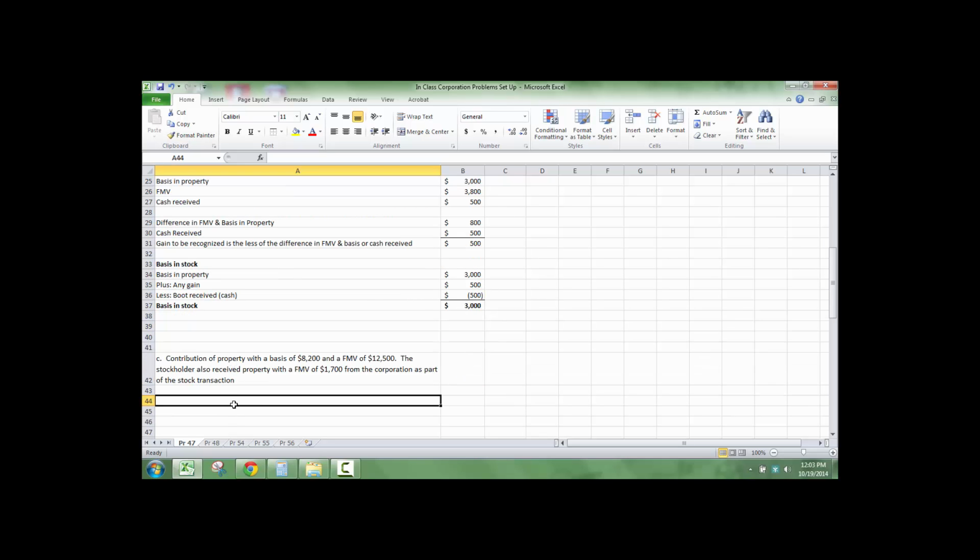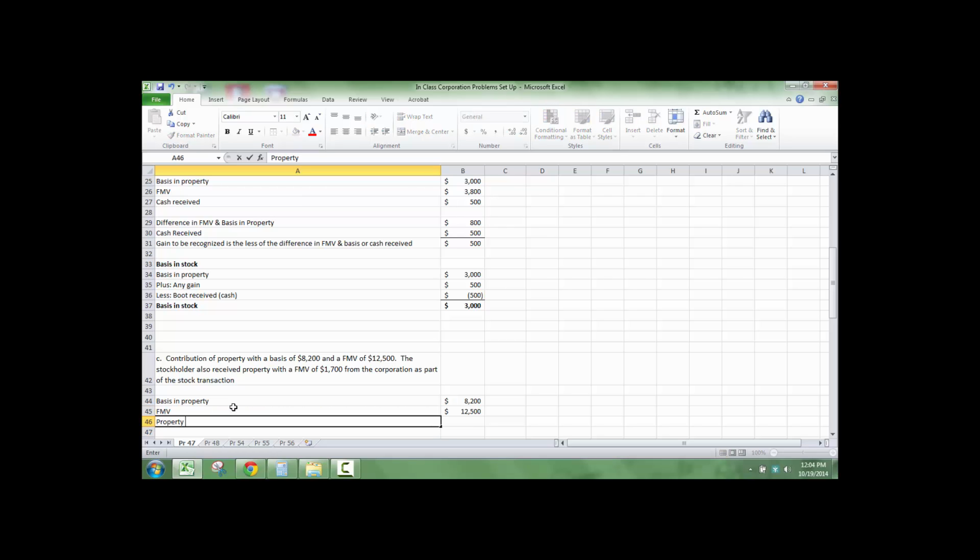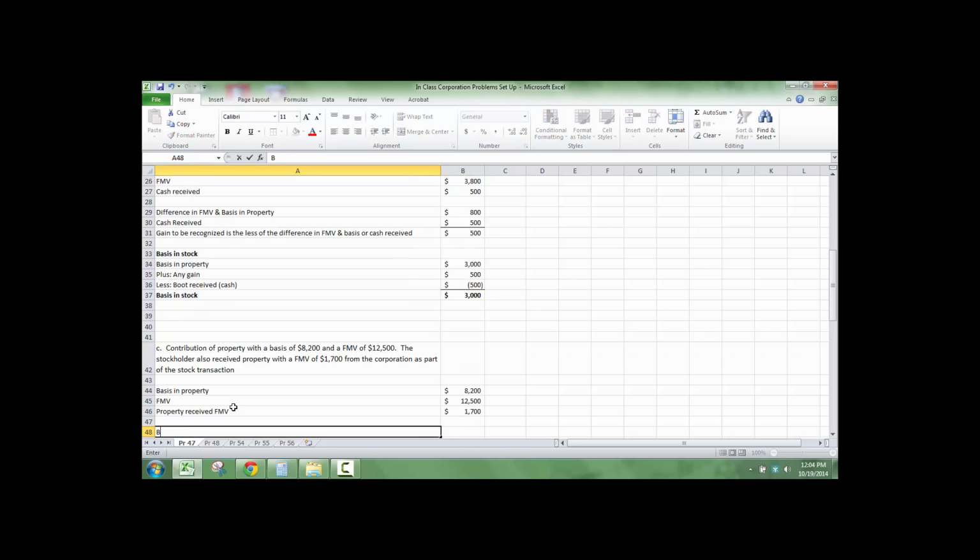Okay, problem 3. We have a contribution of property with a basis in property of 8,200, fair market value 12,500, and the stockholder also received a property with fair market value of $1,700. Basis in stock.